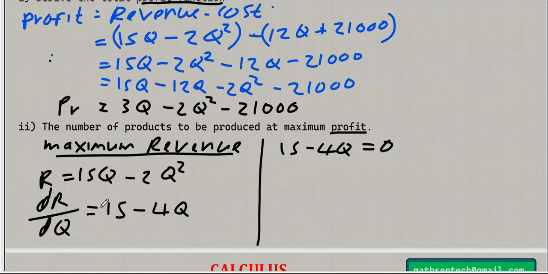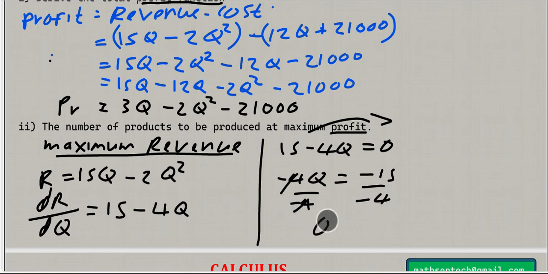Take 15 to the other side, then you'll have negative 4q is equal to negative 15. So divide negative 4 by negative 4. So q will be given by 15 divided by 4, which is of course 3 point something. So that will be the quantity produced to maximize revenue, not profit. Now remember, this is revenue.